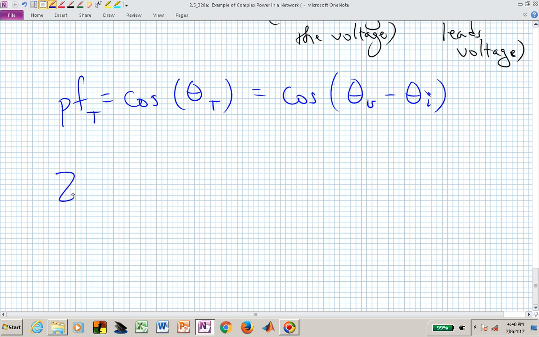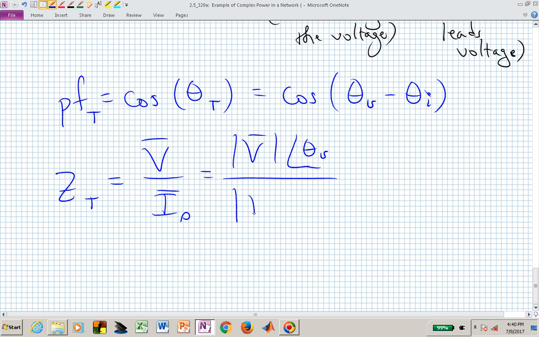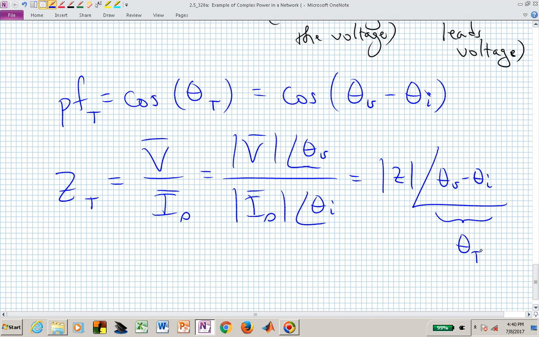And in this case, we can say that the total impedance is, by the generalization of Ohm's law, V over I. In our case, we had the voltage magnitude at the angle of the voltage, and we have our current magnitude at the angle of our current, so we now have the magnitude of our impedance where our total angle is theta sub V minus theta sub I.